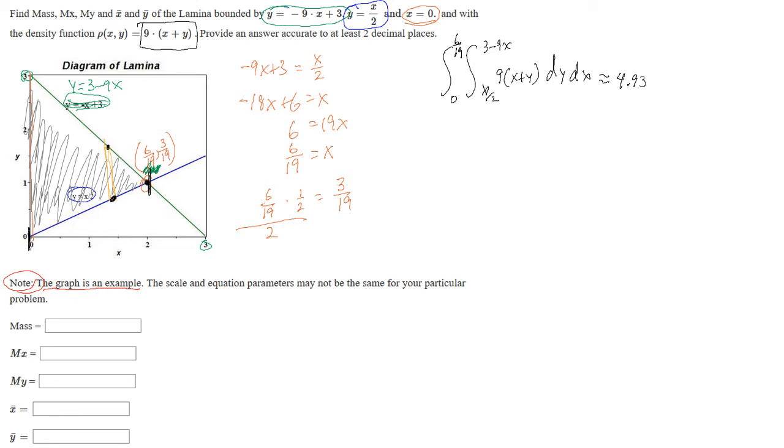And I'll use 4 decimal places for now. That way in the end, when we round to 2, we will not be off. So there is the mass. Now that's what we would put in our answer. To 2 decimal places, that'd be a 4.94.